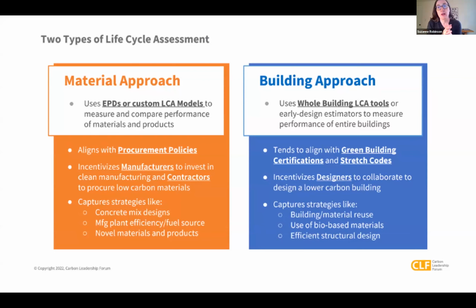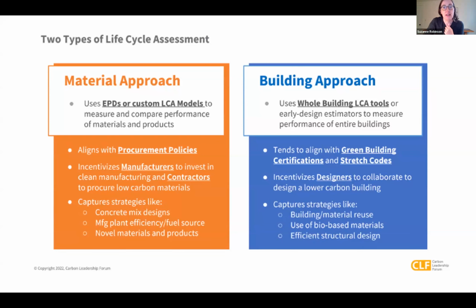On the material approach, we've had EPDs for a while. These are environmental product disclosures, and they are looking more specifically at material. They report some of that information that we were talking about with the different stages, specifically the A1 to A3 is usually what you'll see most often reported.